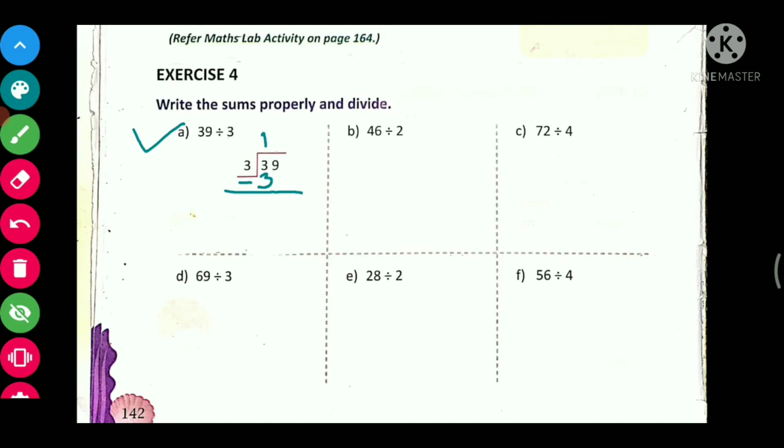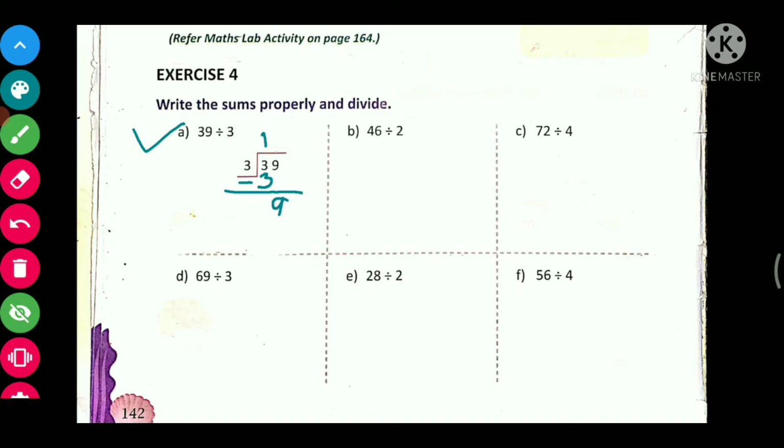Now we'll do subtraction. 3 minus 3 will be 0. Now 9 comes down, and again we'll see the multiplication table of the divisor. 3 ones are 3, 3 twos are 6, 3 threes are 9.